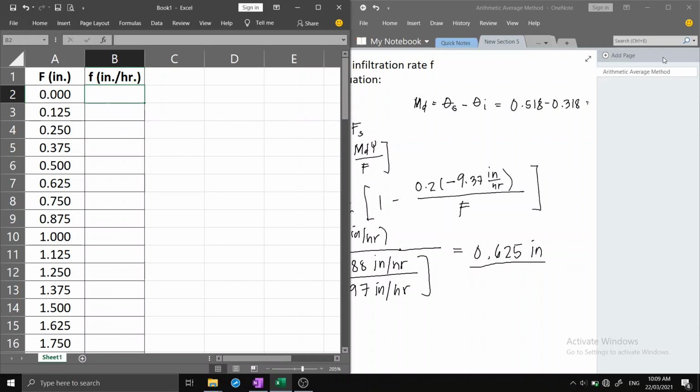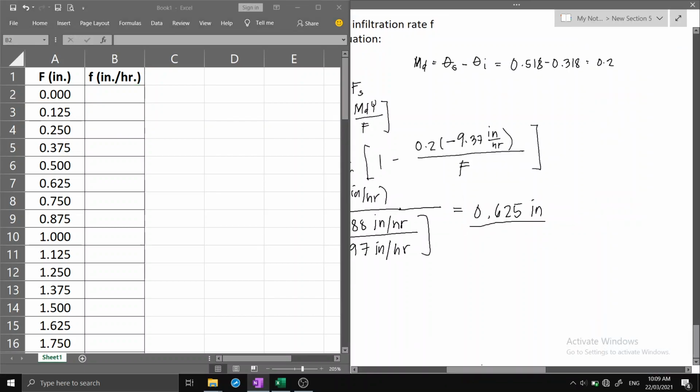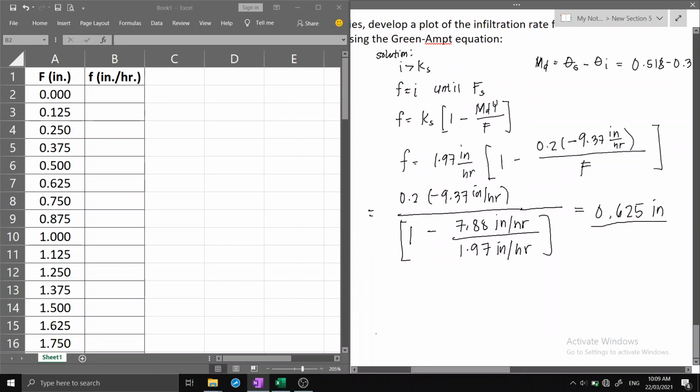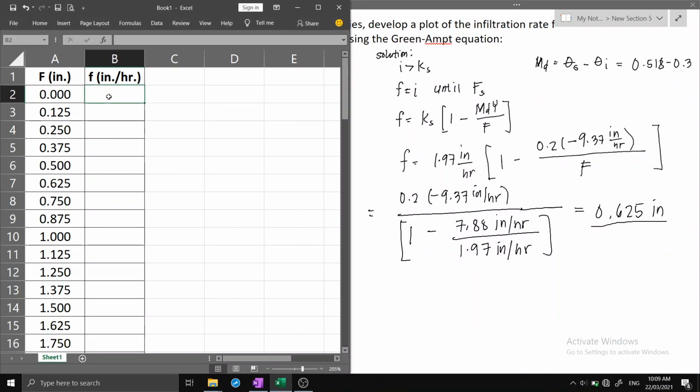So, again, from 0 to 0.625, our infiltration rate is equal to the rainfall intensity.